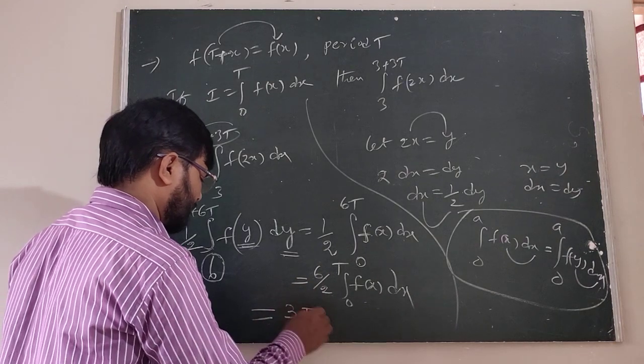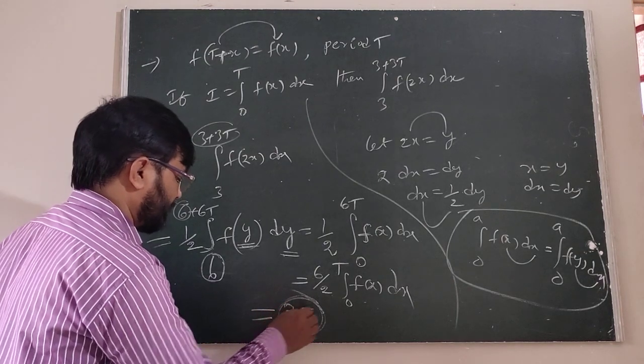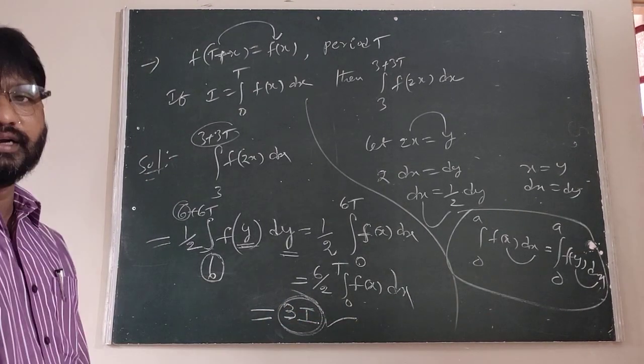We can write 3I is the solution. This is 3I. Is it clear? The 3I is our required solution, right?